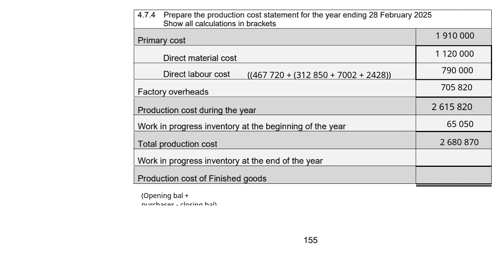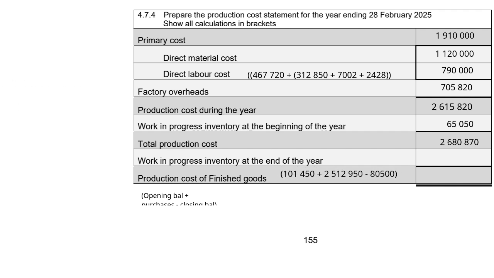Again, you start with a basic calculation. So if we go back to information 1, our finished goods inventory opening balance is 101,450. From information 3, we purchased 2,512,950 Rand, and then we minus our closing of 80,500.